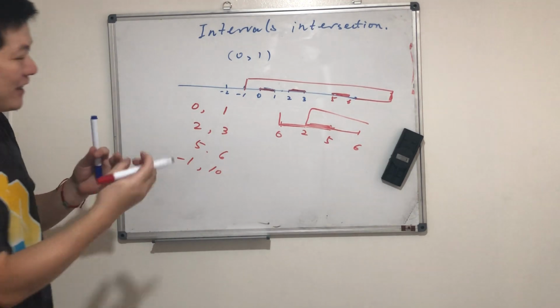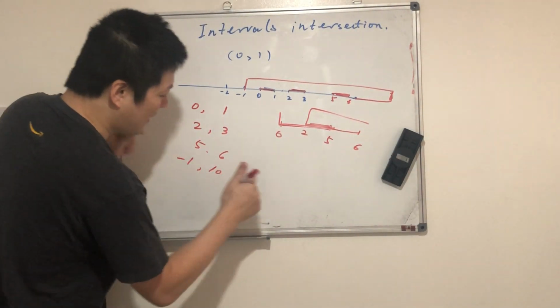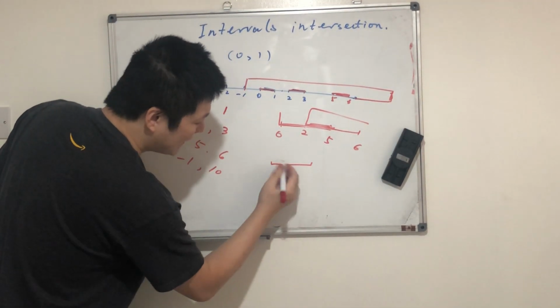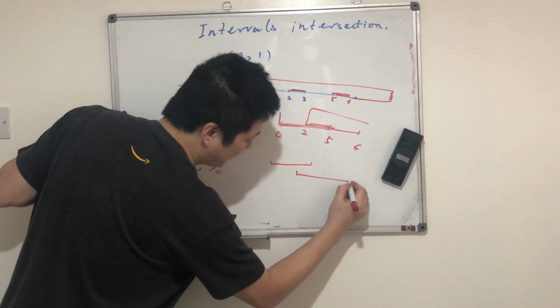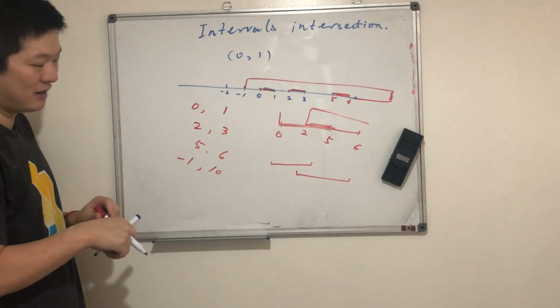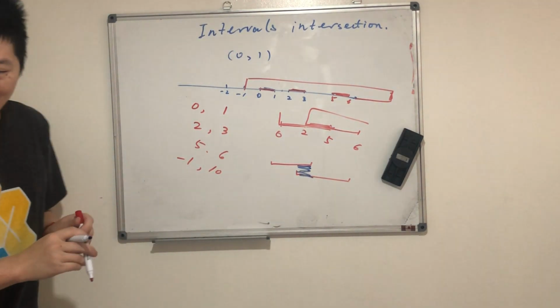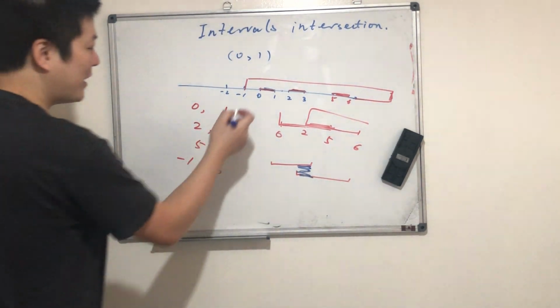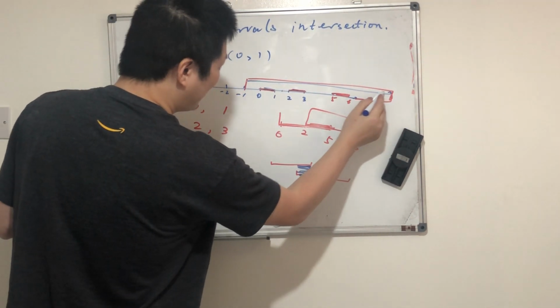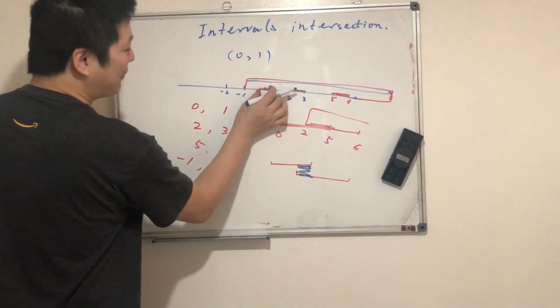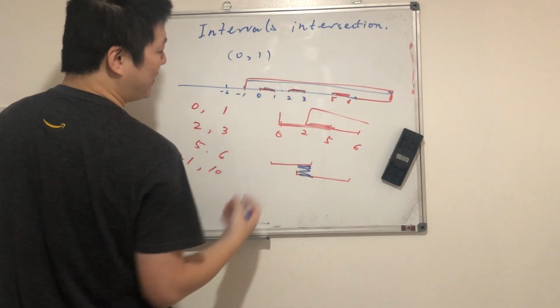Here is part of one interval, and here is part of the other. What's the common part? It's this bit, the common part, intersecting each other. So for this one, is there an intersection? No, because these three are separate, and they're not common.